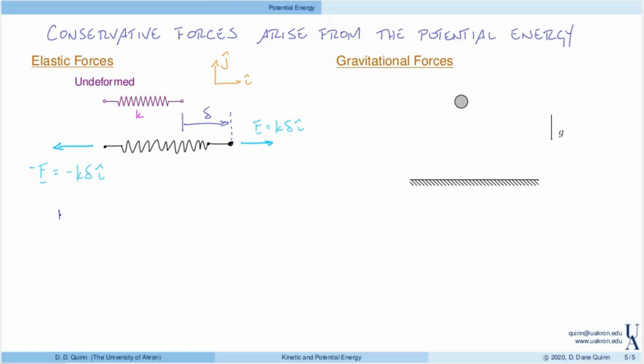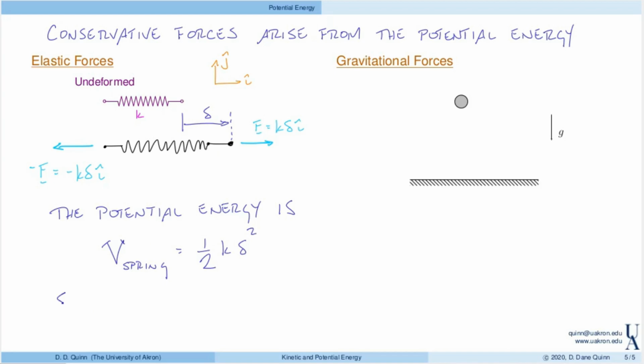So the potential energy for this spring is simply 1/2 K times delta squared. So again, when we take the derivative of this with respect to, in this case, delta, which would be the coordinate, we get simply K delta, which is the spring force.